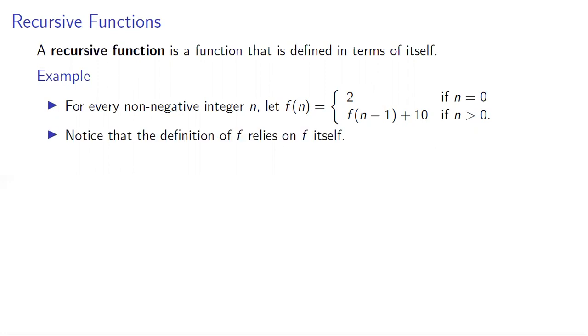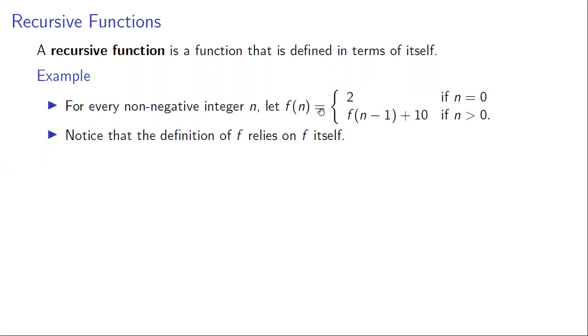Notice that the definition of f relies on f itself. So f is defined in terms of itself. So f is a recursive function. For those of you who have learned about recursion in programming, it's the same kind of thing. You can even write a method or a function in a programming language called f, which computes exactly this.